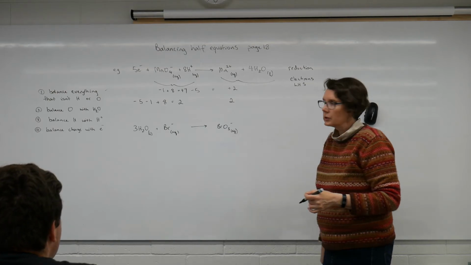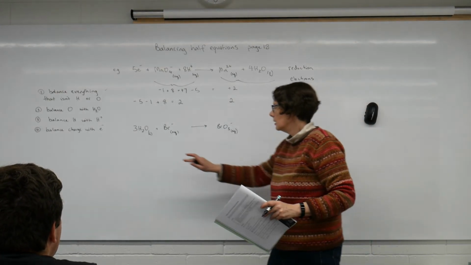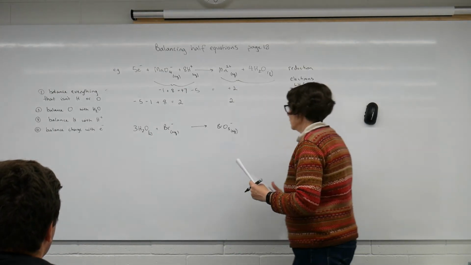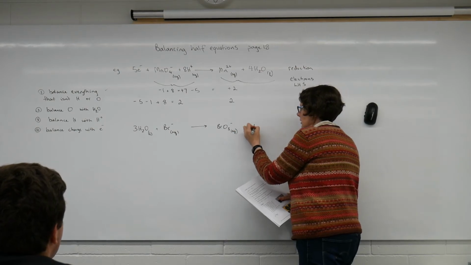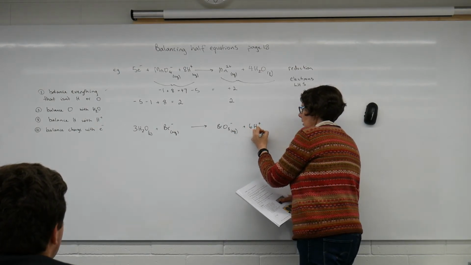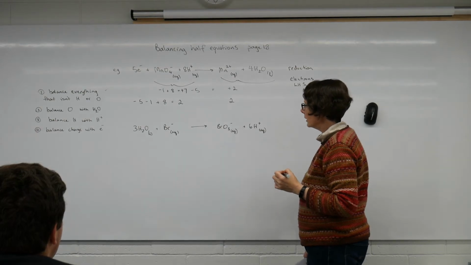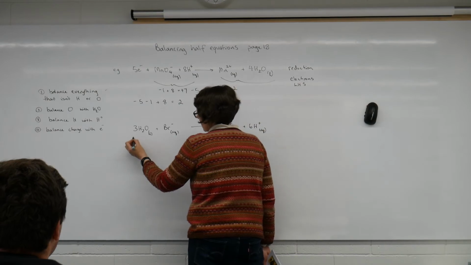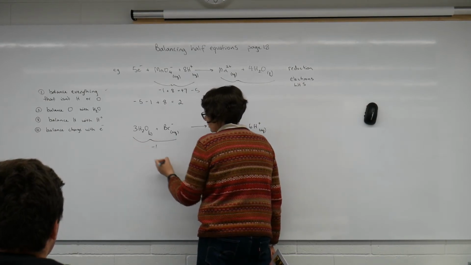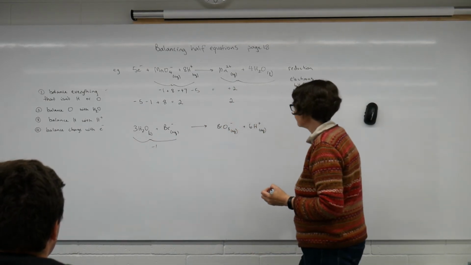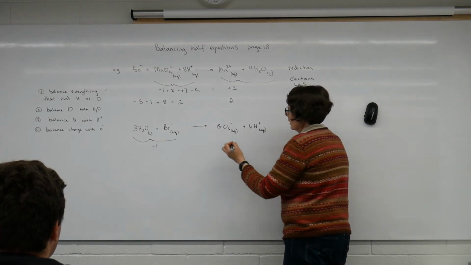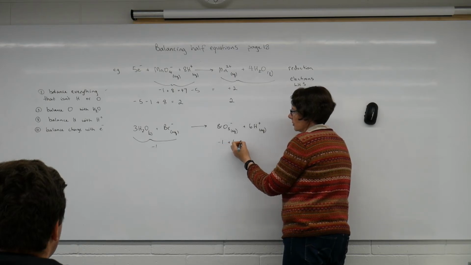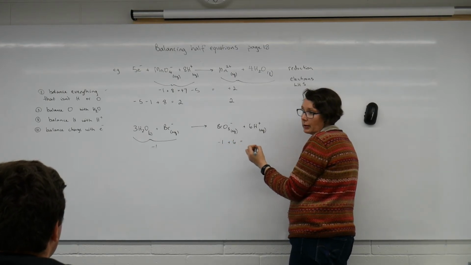Then I need to balance the hydrogens. I've got 6 hydrogens on this side. So I need 6 hydrogen ions on my product side. Now if I look at the charge, this is just -1 on that side. I have -1 plus 6 will equal 5.